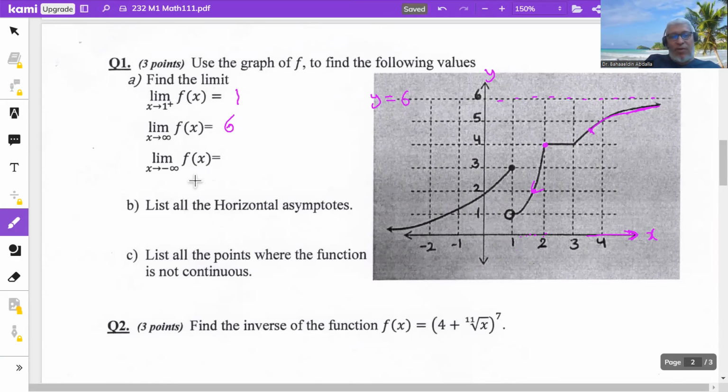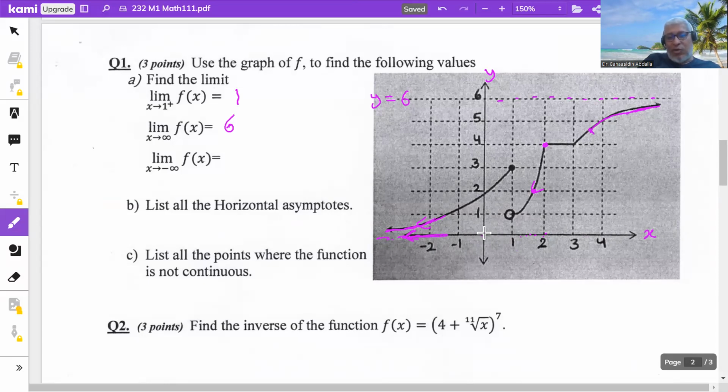What is the limit of f of x when x approaches negative infinity? Now x approaches negative infinity. So this is x. To the right, we go to infinity. To the left, we go to negative infinity. So x goes to negative infinity means we are going in this direction. Where is the graph going? The graph is approaching the x-axis. What is y on the x-axis?